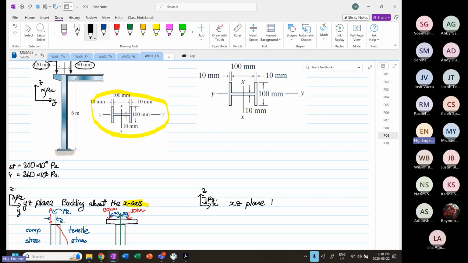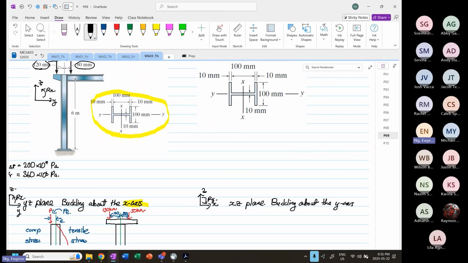And then buckling about the Y-axis. Okay, we have to be really, really careful down here, okay? We have to be very cautious with this.